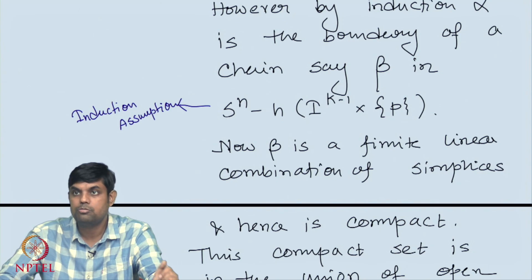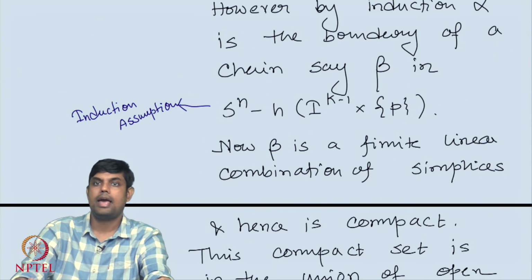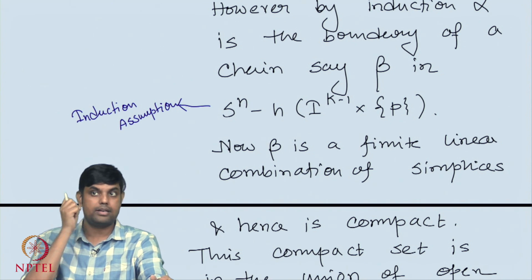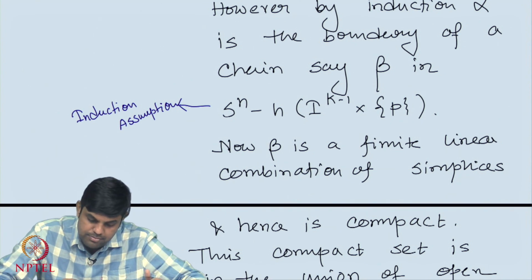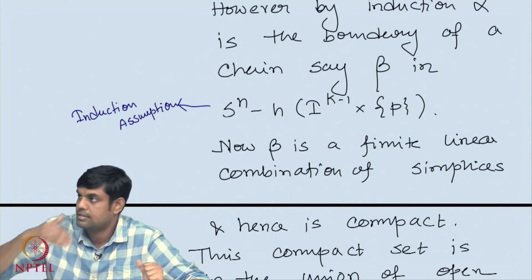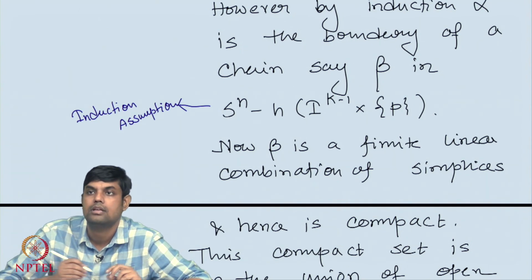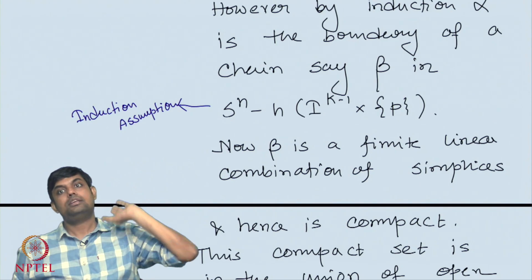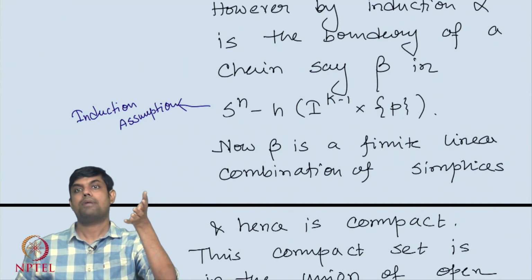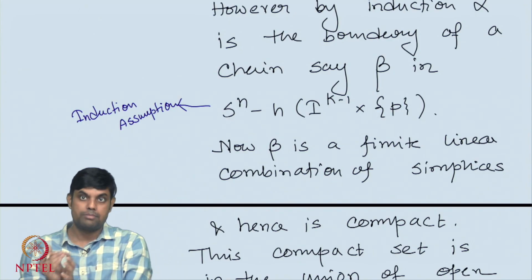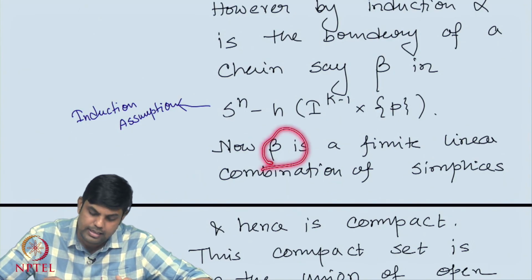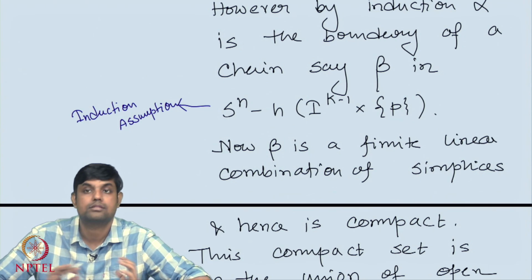Here I am just assuming beta to be a boundary element, an image of something under the boundary map, which takes n-simplices to (n-1)-simplices. So this beta is a finite linear combination of simplices and this is compact.